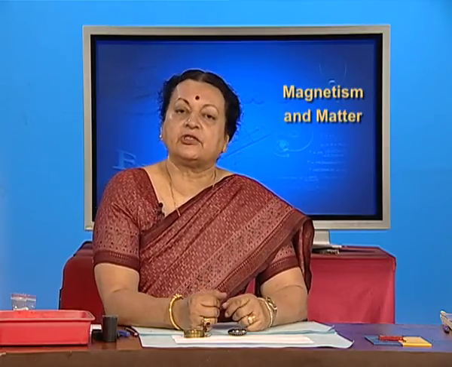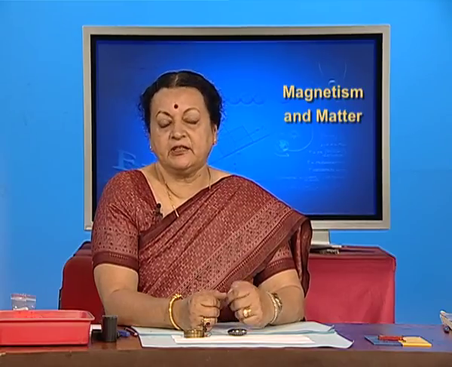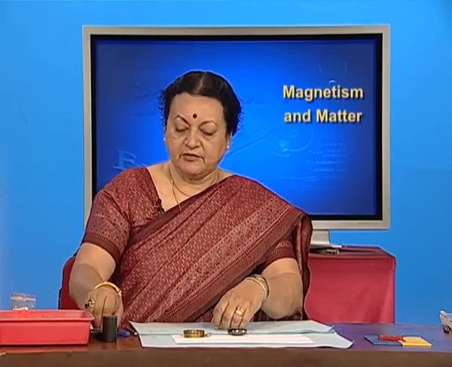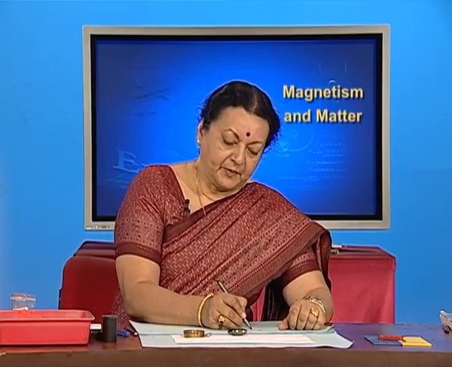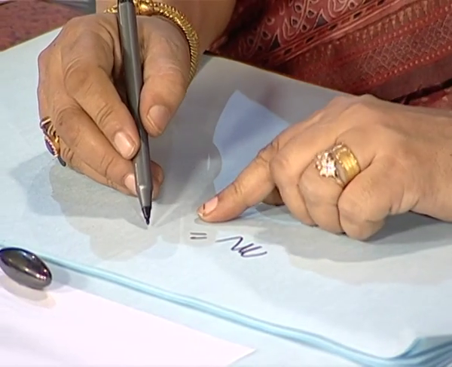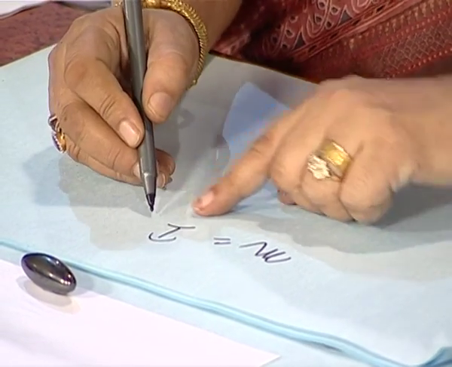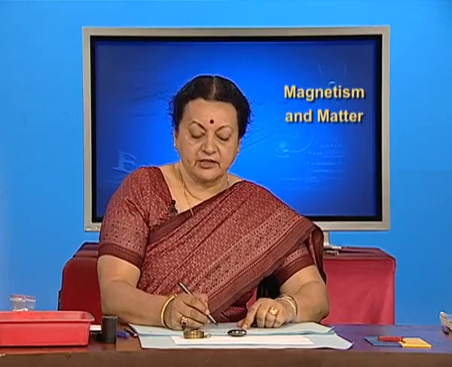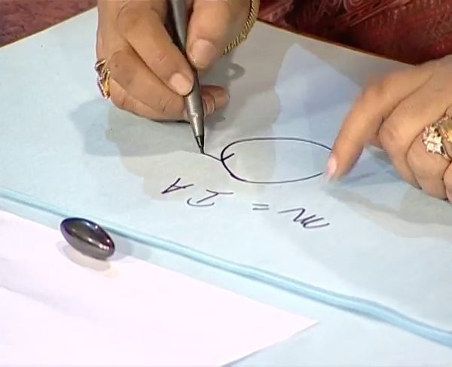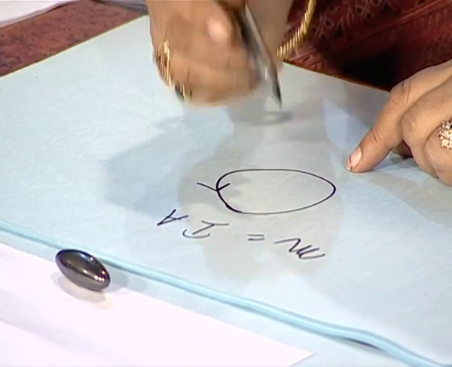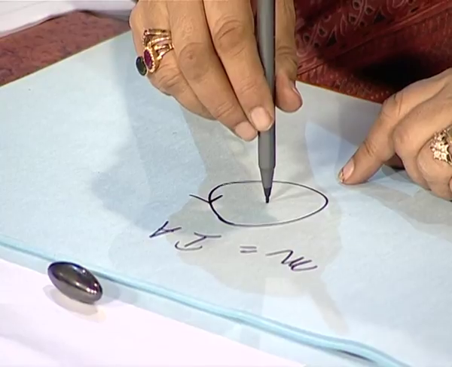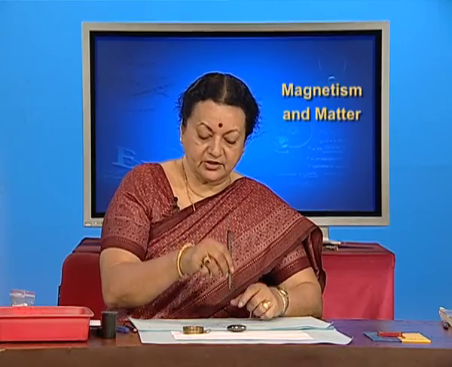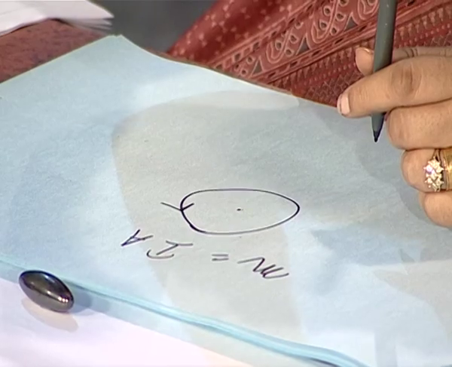Because current is associated with magnetic field, we have talked about magnetic moment, which in turn is given by m. The magnetic moment is equal to the current flowing through a loop times the area vector. The area vector becomes important because if the direction of current in the loop changes, then the area vector, which is the line perpendicular to the plane of the loop, is going to point in this direction and this gives us the field pointing upwards.